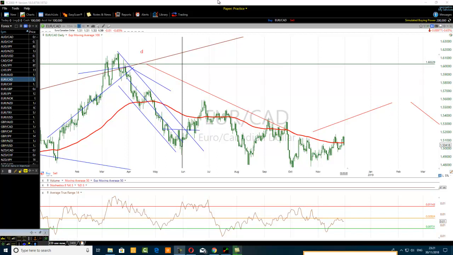The third question is, what was the primary role of the ATR originally? The primary role of the average true range is to measure the volatility of commodities.